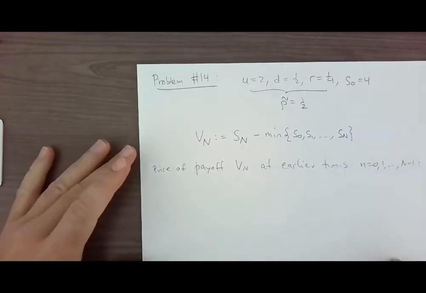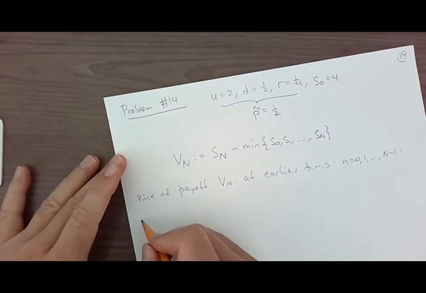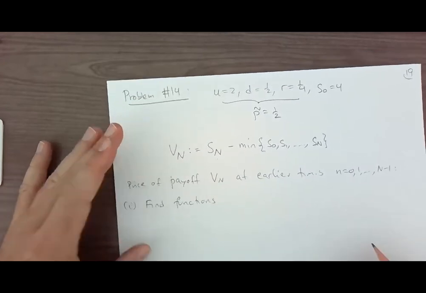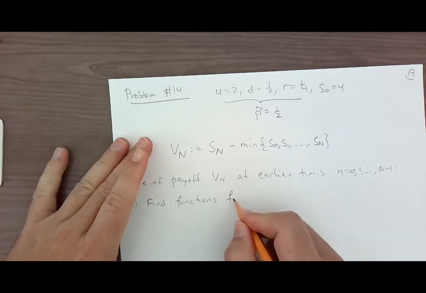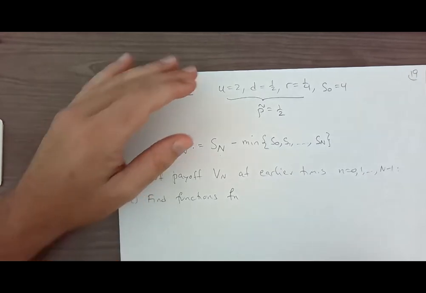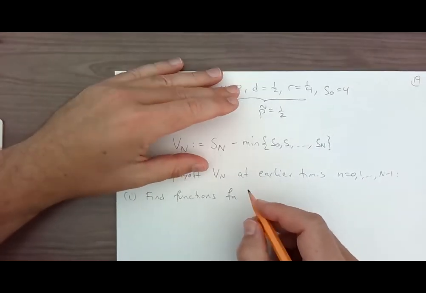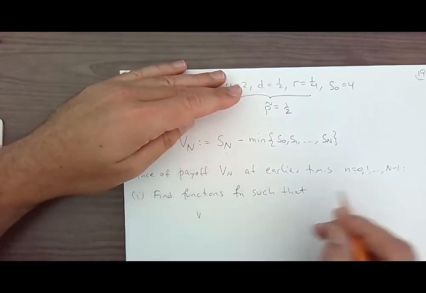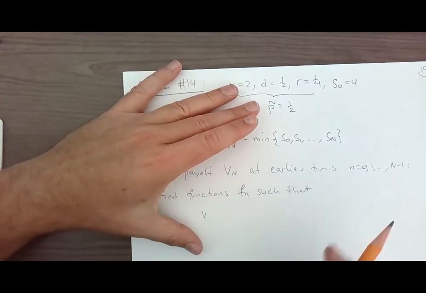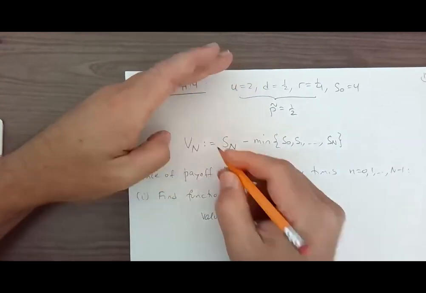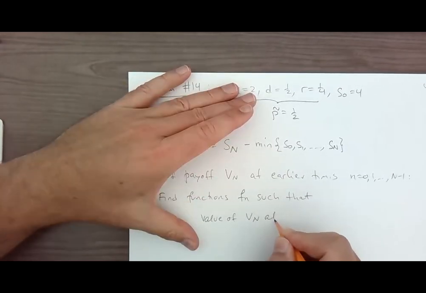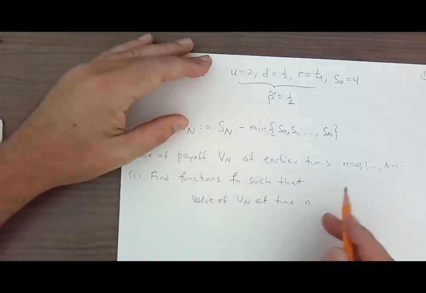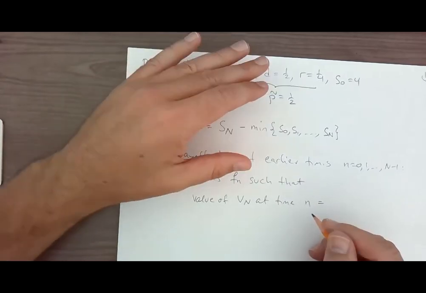Well, there's a hint that says to find functions fn such that the value or the price of Vn at an earlier time, say at time n, is given by a formula.